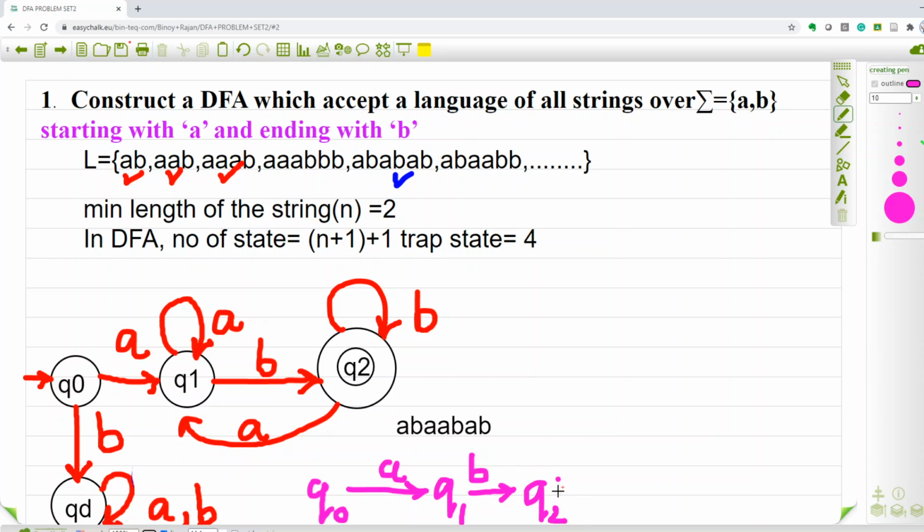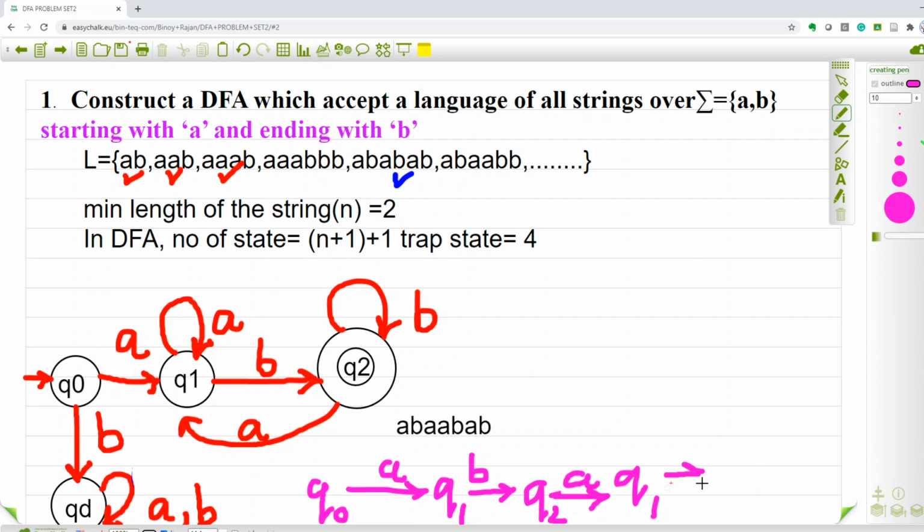Then from Q2 with A as the input symbol, I reached Q1.